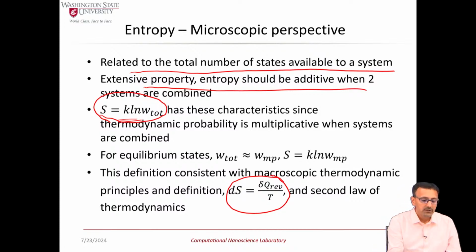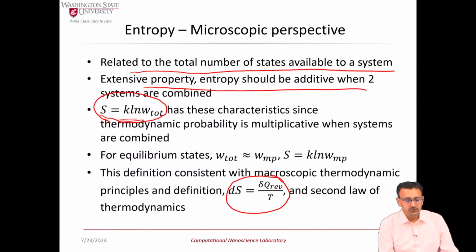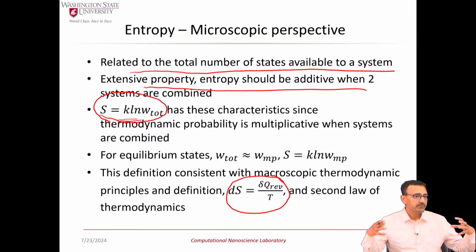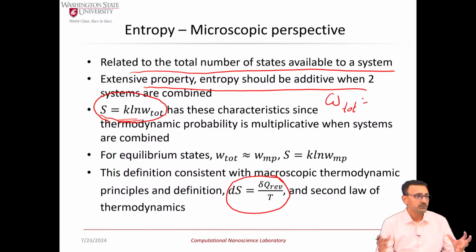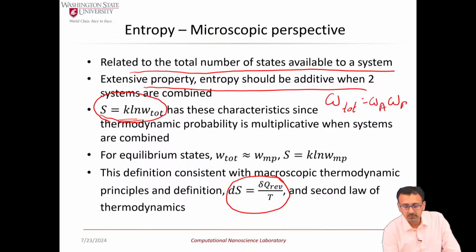How? If you take natural log of, combinatorially, you can write the total number of ways in which you can distribute particles in two boxes, box A and box B, is going to be multiplicative.